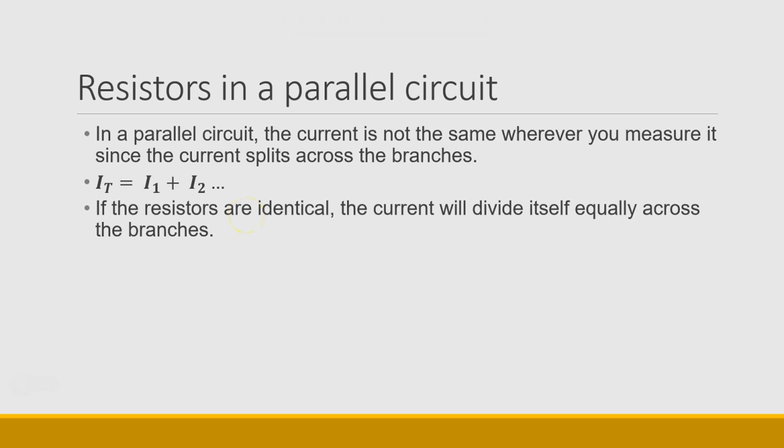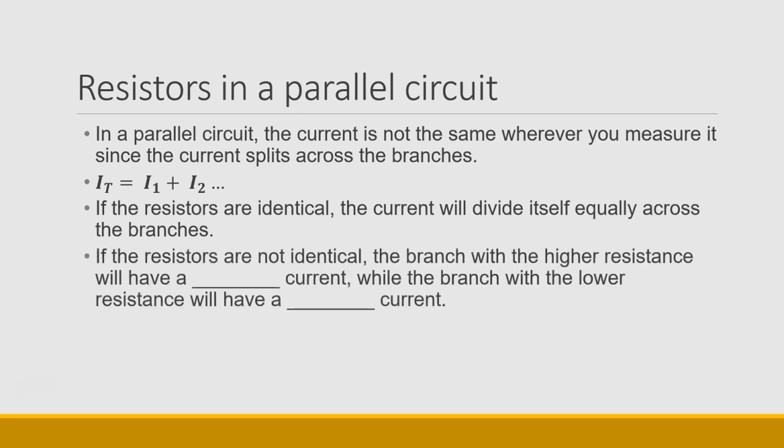If the resistors are identical, then the current will divide itself equally across the branches. But if the resistors are not identical, then we won't have an equal distribution of the current among the branches.